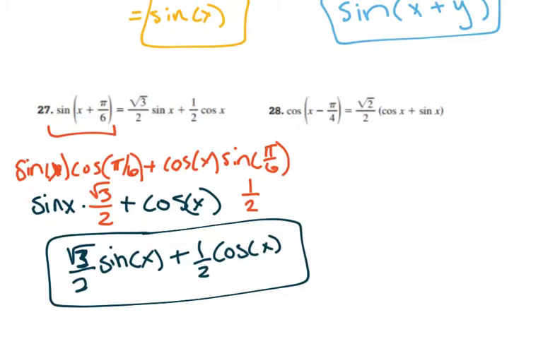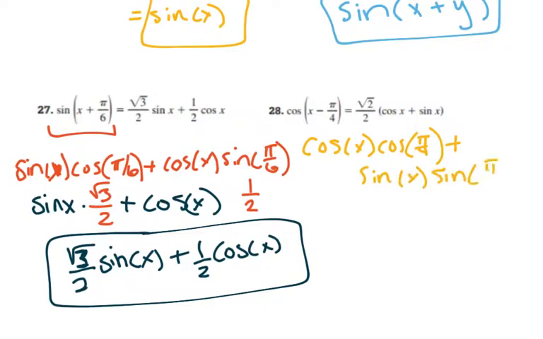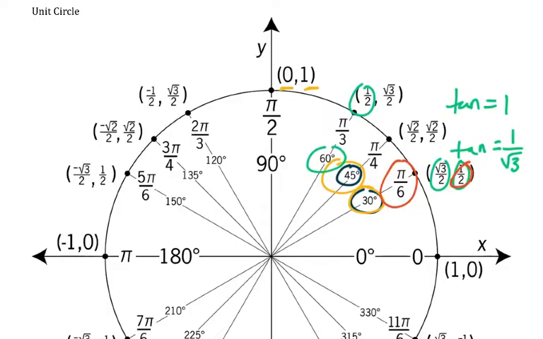Alright, moving on, let's see, we've got subtraction with cosine. So we're going to do cosine of the first piece times cosine of the second piece. And it's cosine, so now it's plus. And then sine of x, sine of pi over 4. Cosine and sine of pi over 4, it's over here, and they're the same.